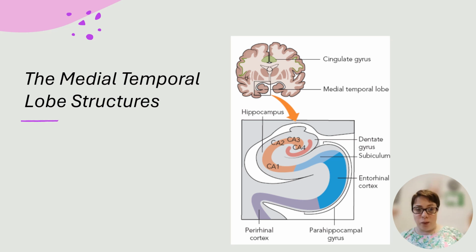So we'll talk more about HM, or Henry Molaison, but essentially when his hippocampus was removed, he developed significant anterograde amnesia, which prevented him from being able to store new explicit memories, which we'll talk about.